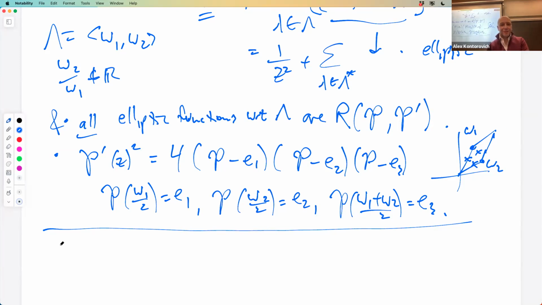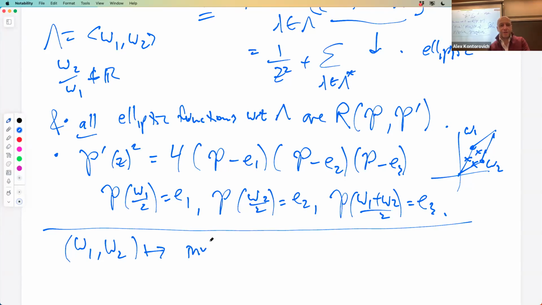If I replace omega 1 and omega 2 by some invertible integer linear combination of omega 1 and omega 2, it'll generate the same lattice.